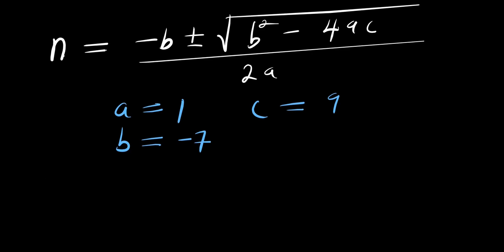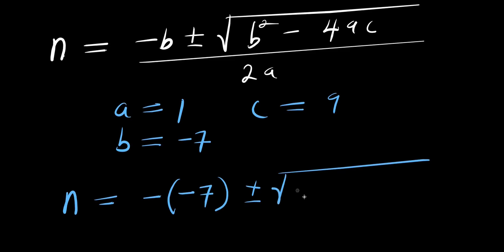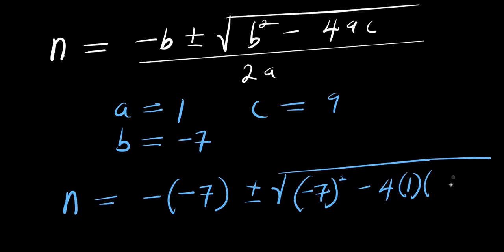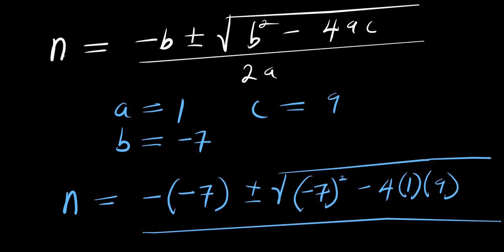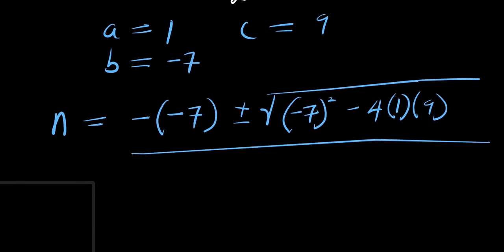I will insert them right here. I'll have n equals negative times negative 7 plus or minus square root of b squared, negative 7 to the power of 2, minus 4 times a, that is 1, times c, that is 9, divided by 2a. We have 2 times 1.